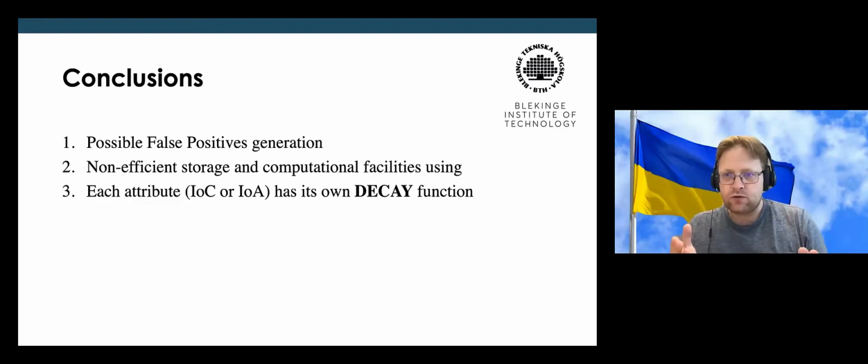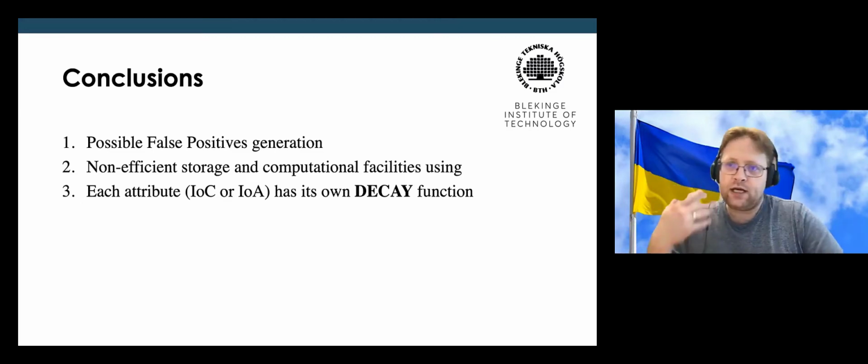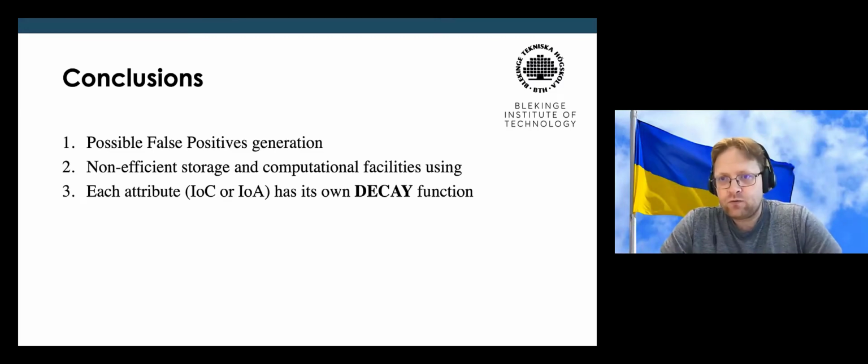For storage we pay for each megabyte, but indicators of compromise or indicators of attack are not so big. They do not have so much data to store. But if we talk about the computational facilities, it becomes a problem because different SIEMs have different licenses, and one type of license is based on events per second, EPS.